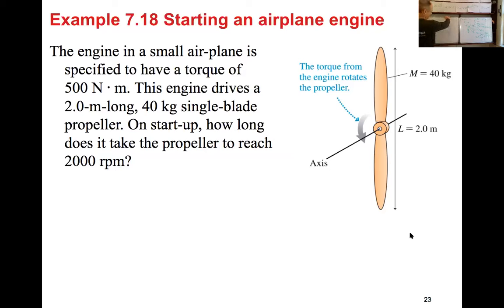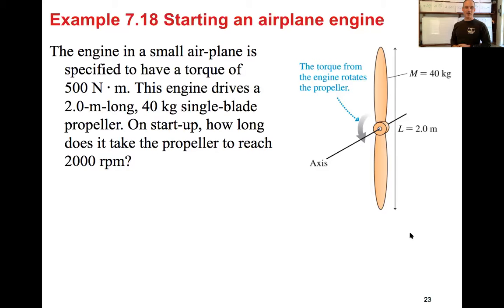Not advisable. It's like they used to start cars with a crank too, and people would grab the crank and try to crank it, and the engine might backfire and just break your arm. So in this case, you could just fall into the prop and get chopped right up, which would be awful too.